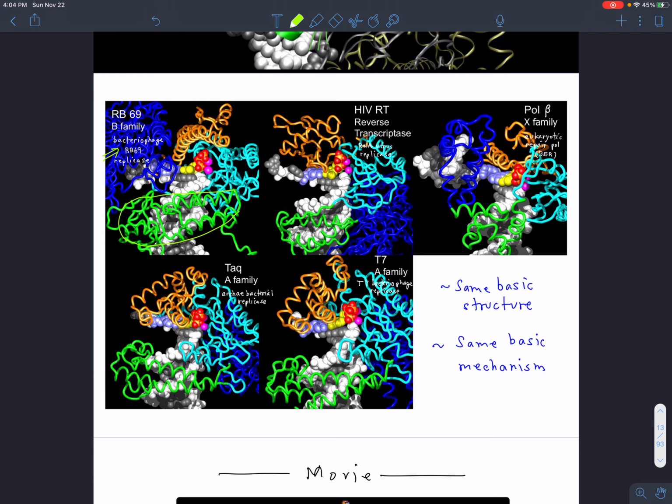Viruses aren't even alive, but it's got a thumb, it's got a palm in light blue here, or cyan, and it's got fingers in orange here. All these pictures, the fingers are orange, the palm is blue, and the thumb is green. And it works by essentially the same mechanism. You can see that the shapes are different, but the structure is basically the same.